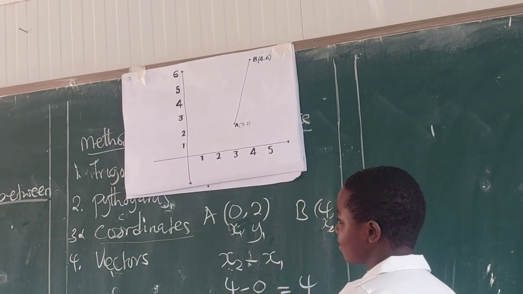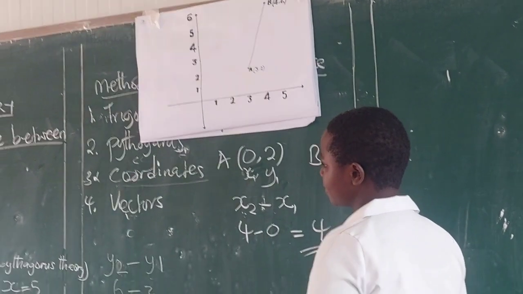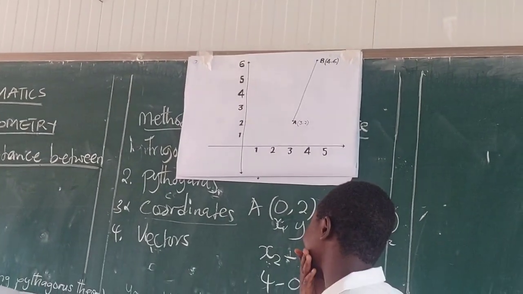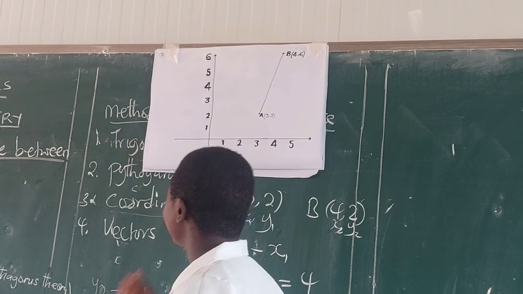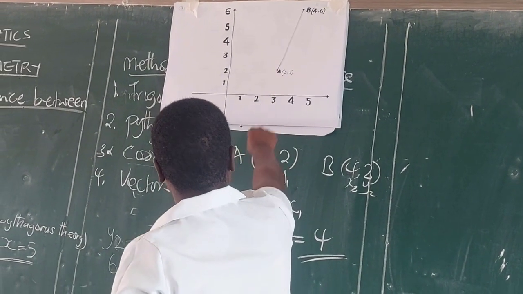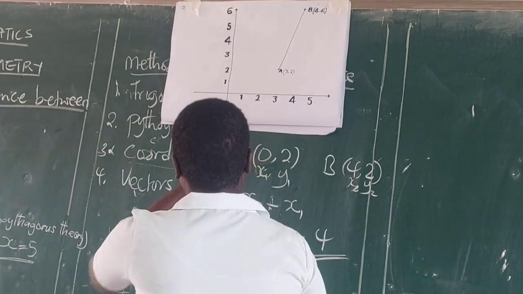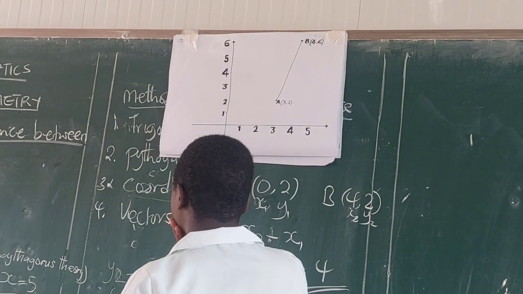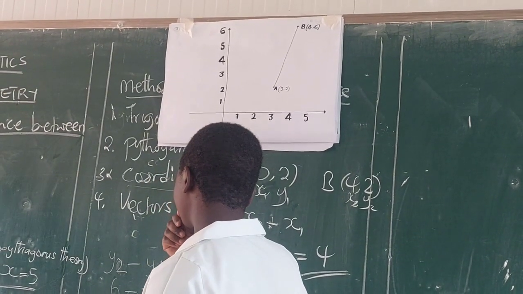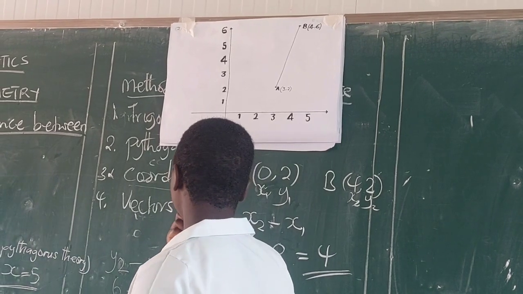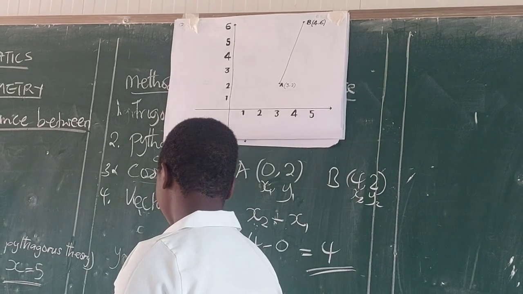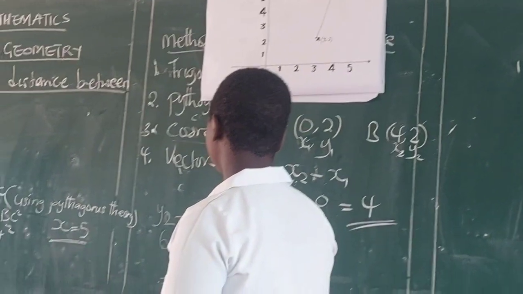So, why do you think at first you were supposed to put y1 here? What made you put y1 at first? Because I was starting to write it in... Okay, thank you so much. So, she thought that B is our starting point. Are we together? So B is our starting point, and A is our end point.